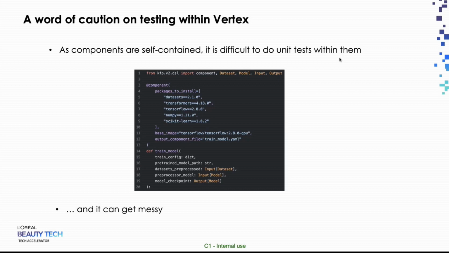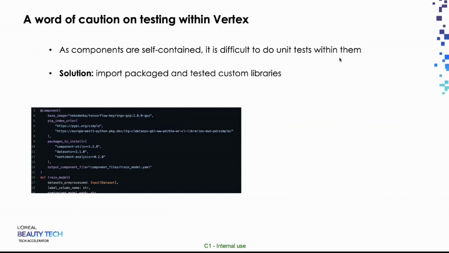So the solution that we propose is taking all of those internal parts outside, packaging them, and then you can import them in here. So for example, when you import packages, you can import pandas that would come from a normal pip install, but you can also specify a path on GCP where all of your specific packages are.